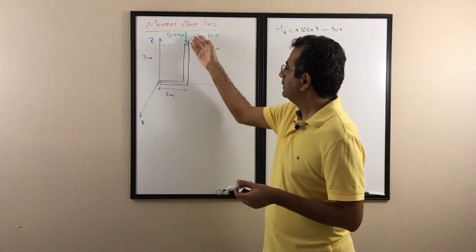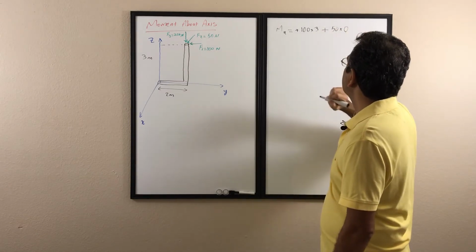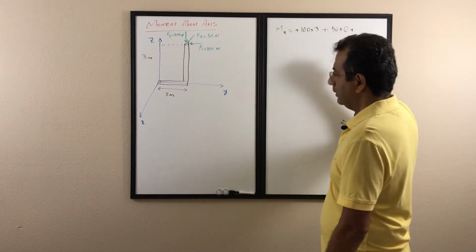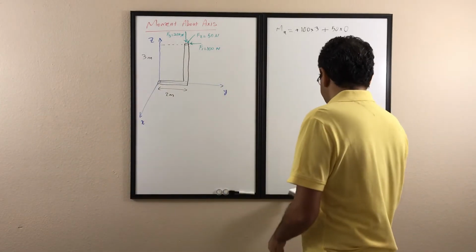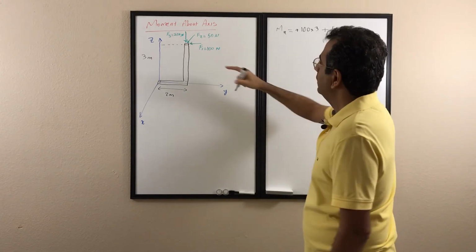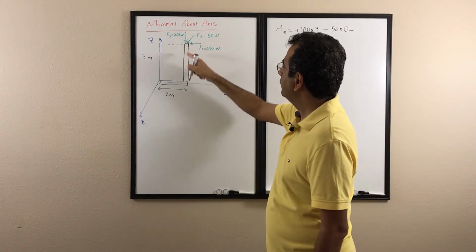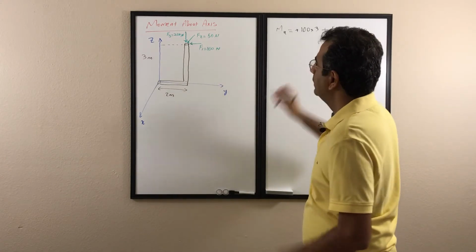There's no distance between them, so it's going to be 0. And for the third one, F3, look at F3. The magnitude of the force is 200.